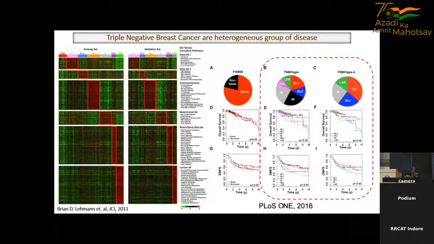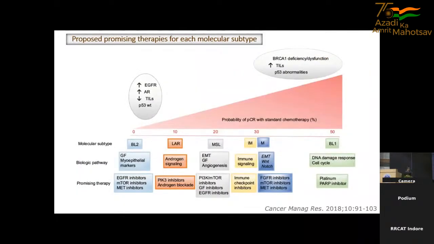So currently we follow the Lehmann et al. classification for the breast cancer based on the molecular subtypes. As you can see here, the response to chemotherapy is very different across subtypes of TNBC. The very good survival rates are found in basal-like 1 patients, followed by mesenchymal and mesenchymal stem-like, and luminal androgen and BL2 type patients respond very poorly to the chemotherapeutics.